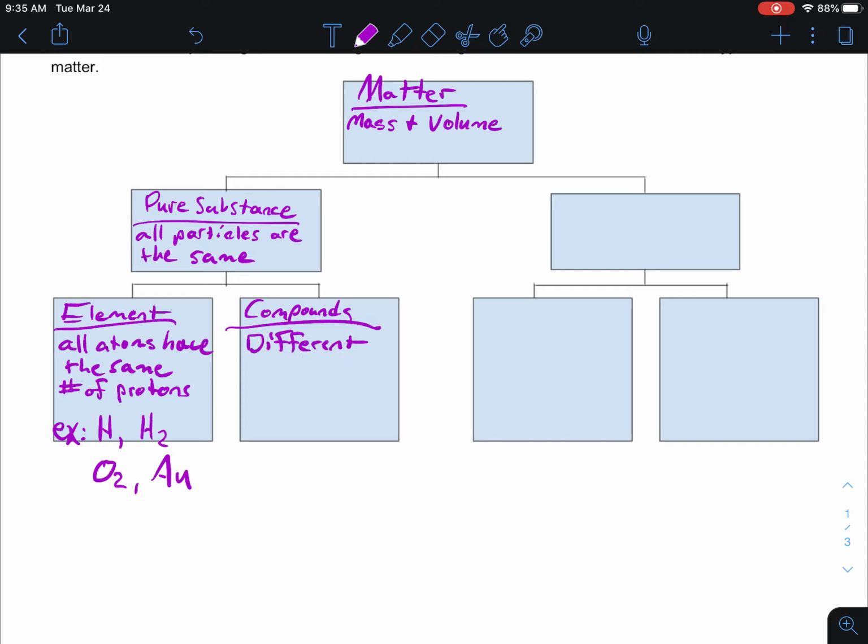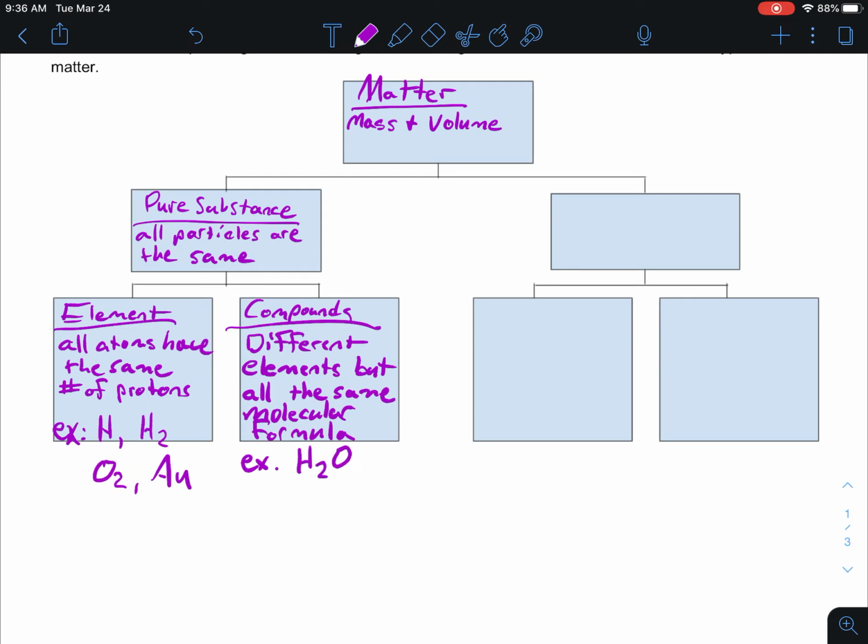Different elements, but all the same molecular formula. Example being H2O.